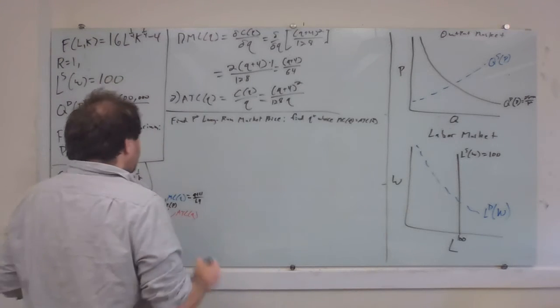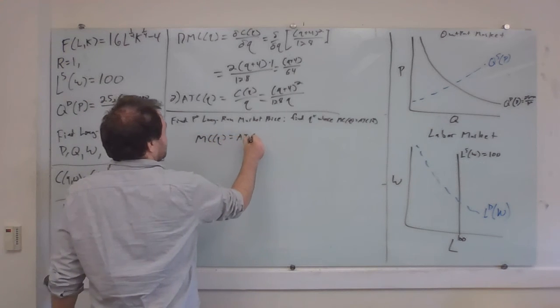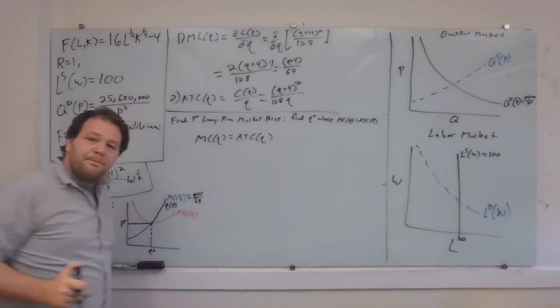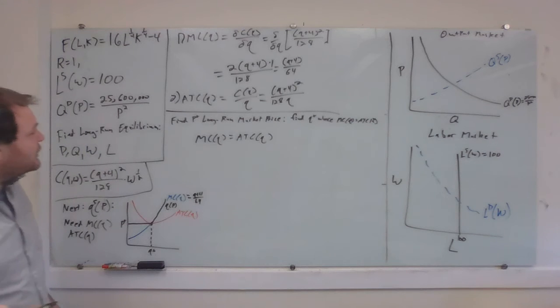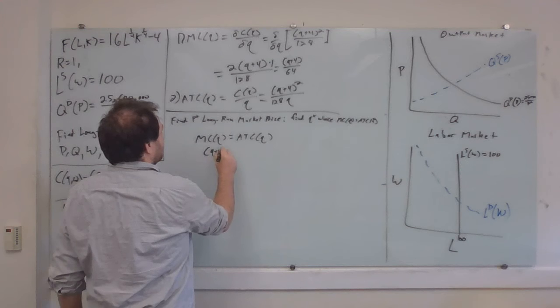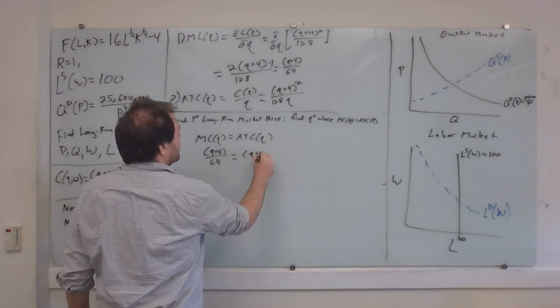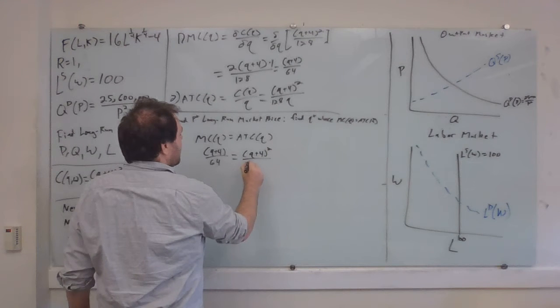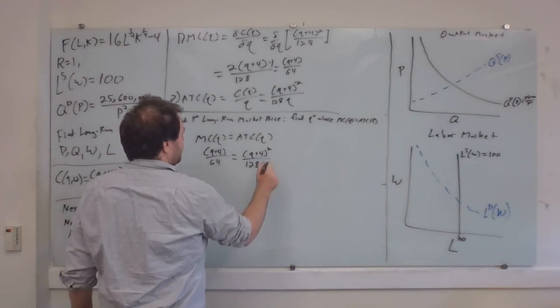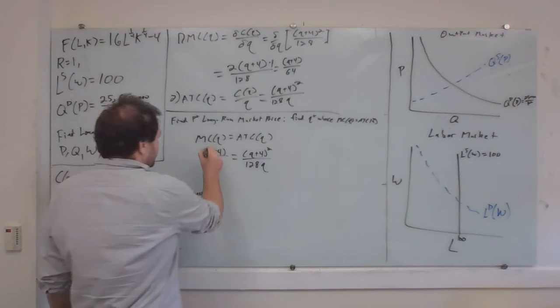So the next thing we want to do is set marginal cost equal to average total cost. What's this going to let us do? Well, we're going to say that Q plus 4 over 64 has to equal Q plus 4 squared over 128Q. Great. So I'm going to divide both sides by Q plus 4.